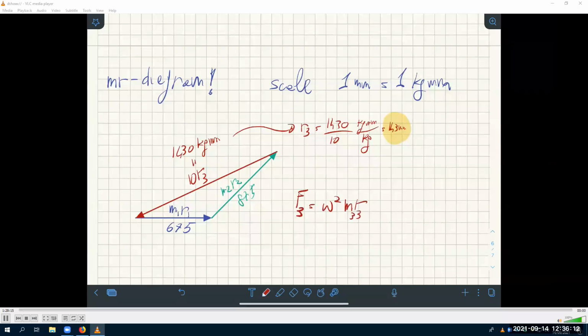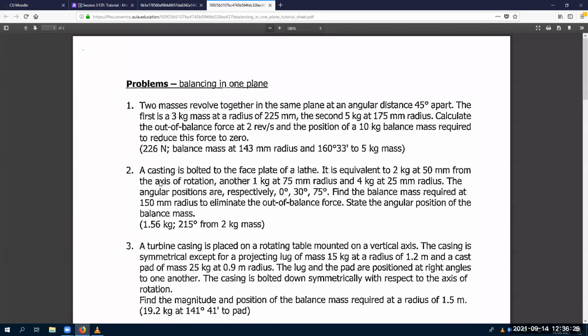So the unbalanced force is omega squared m3r3. So this is 1430. And omega squared is... omega is 2 RPS. What is 2 RPS? How many radians per second is 1 RPS? 2 pi.